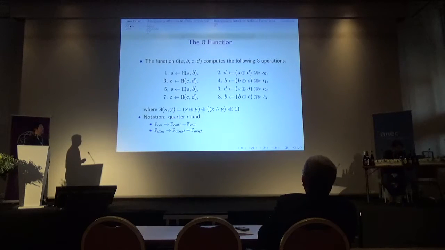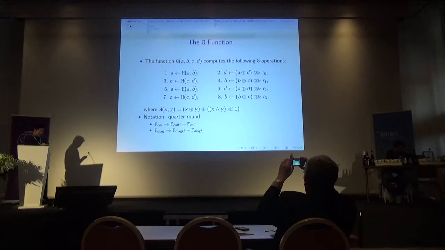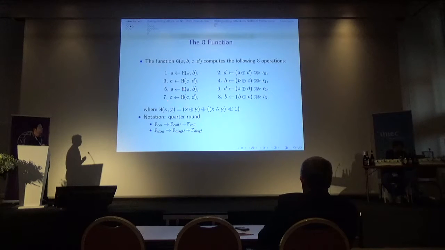Then the G function. This function has the following operations. Half of them are nonlinear operations, and the other half are linear operations. The nonlinear operation is the H function, which is like a simulation of modular addition, but using XOR and shift.